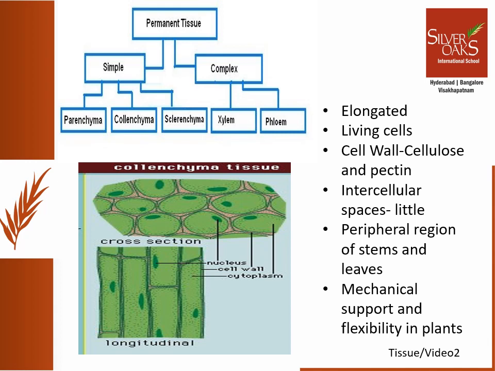This is not the case with collenchyma tissues. The collenchyma tissues have very little intercellular space between them. The main function of collenchyma tissue is to allow easy bending in various parts of plant. So these types of tissues can be found in leaf stalks below the epidermis.